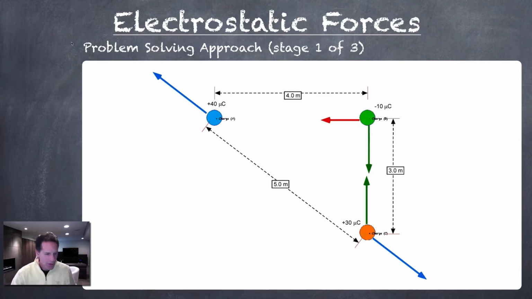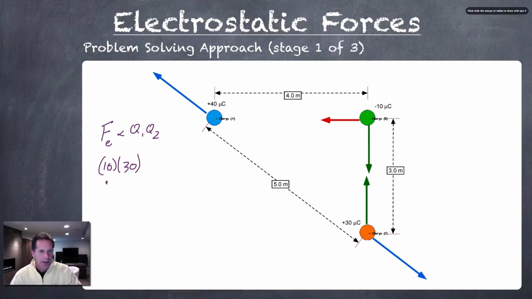So, due to the charges, the electric force is directly proportional to the product of the 2 charges. In our last scenario we had a 10 microcoulomb charge that was attracted towards the 30 microcoulomb charge. And in our new scenario, we now have that 10 microcoulomb charge attracted to a 40 microcoulomb charge.